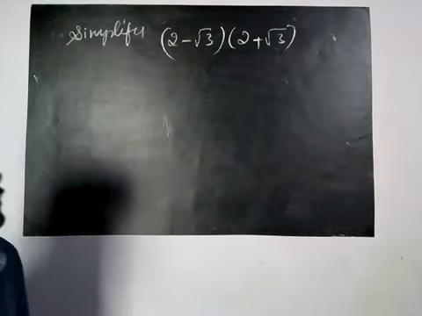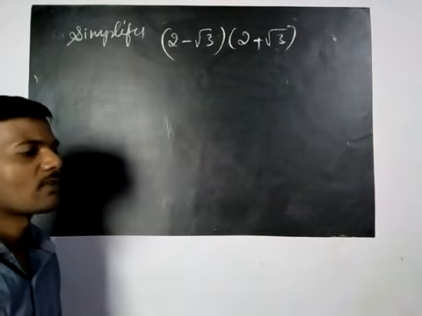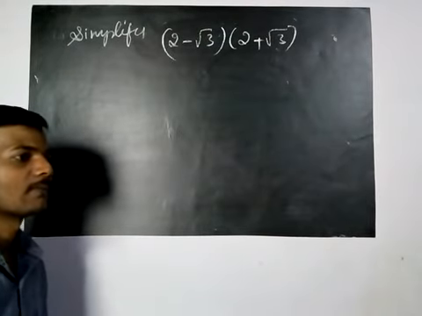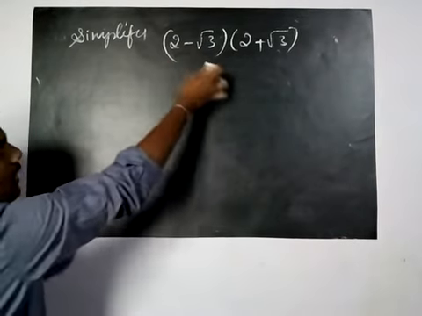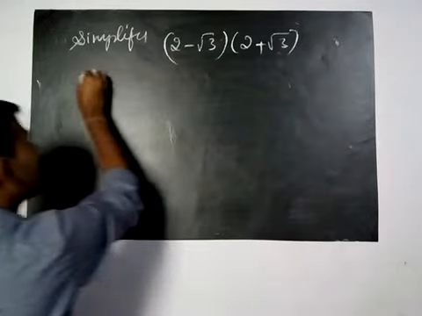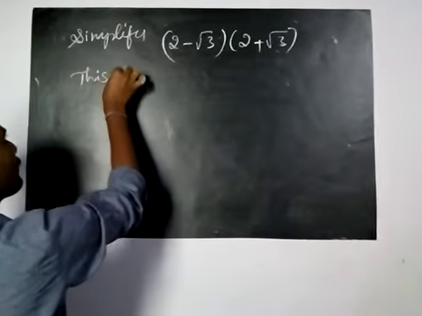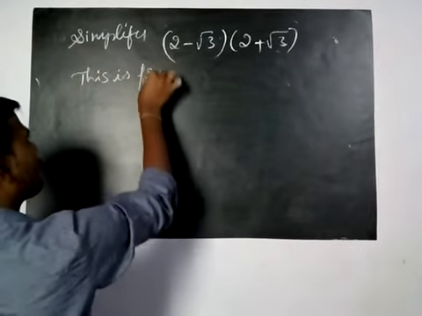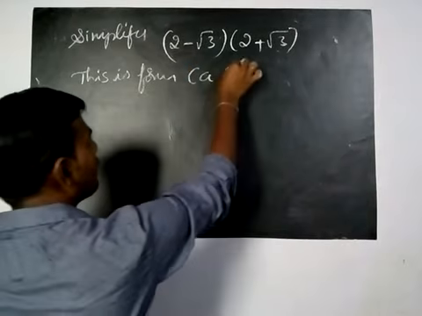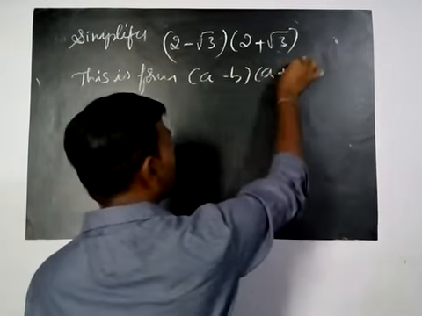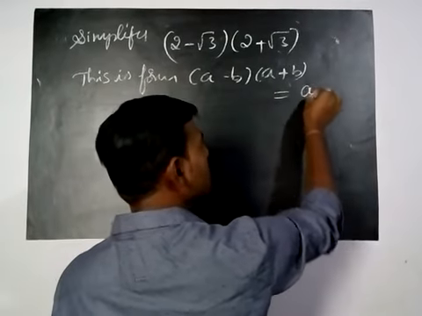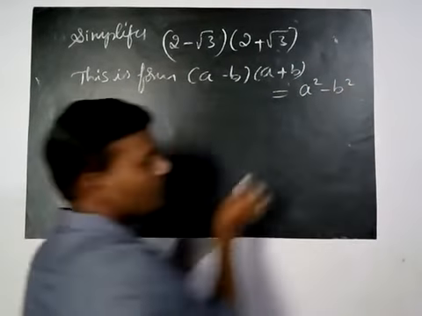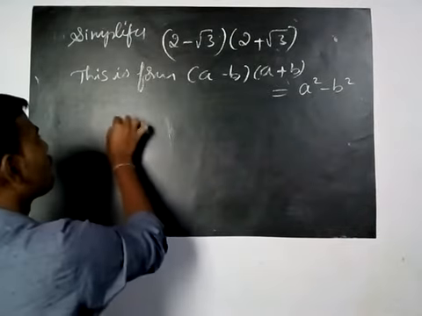What is the formula to find a plus b into a minus b? 2 minus root 3 and 2 plus root 3, it is of the form a minus b into a plus b. A plus b into a minus b, or a minus b into a plus b, is a square minus b square, right? So apply that formula.